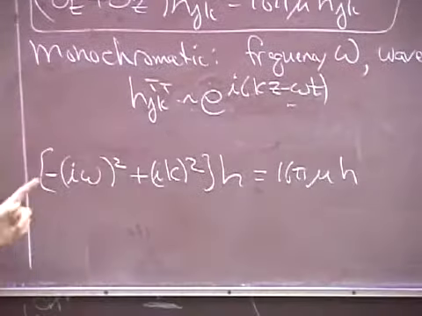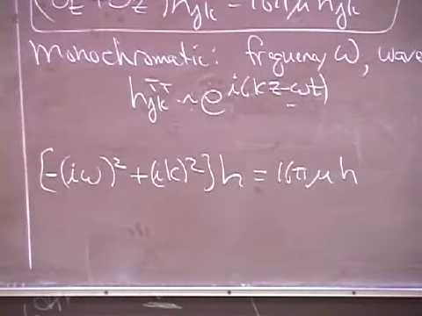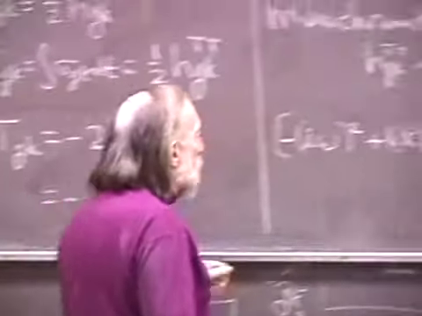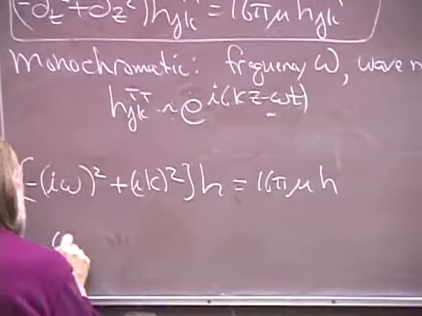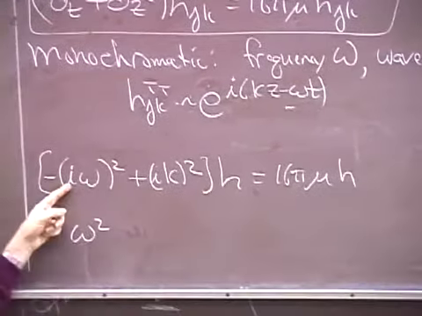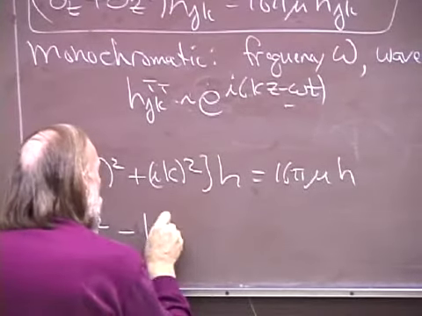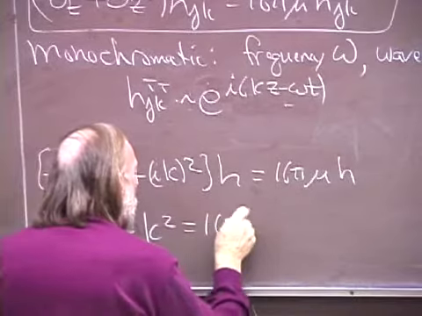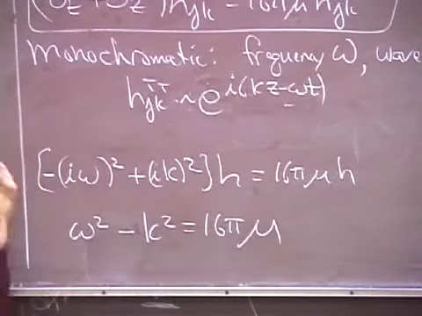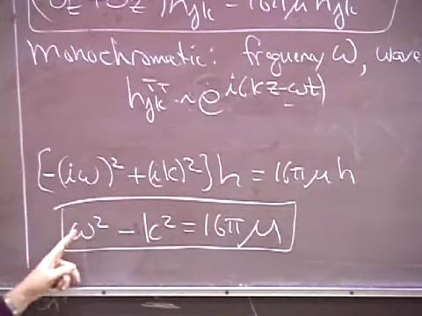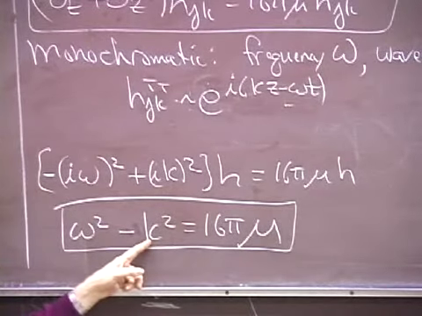And so this gives me what we call a dispersion relation, a relationship between the frequency and the wave number for these monochromatic waves, that says omega squared, because I squared is minus 1, minus k squared is 16 pi mu. So that is the relationship between their frequency and their wave number.